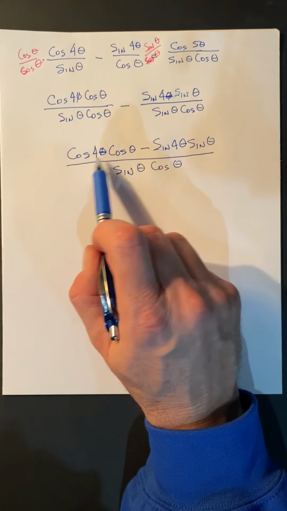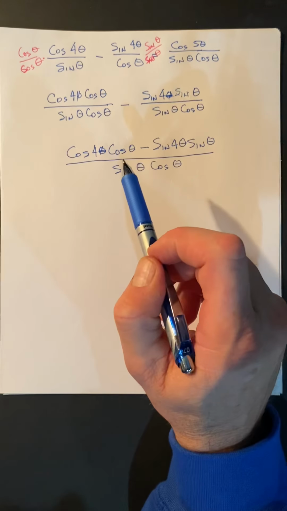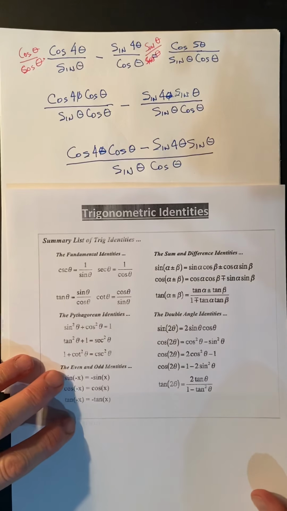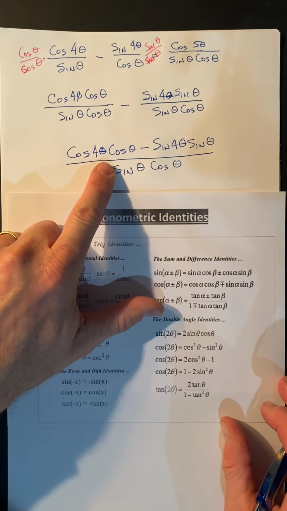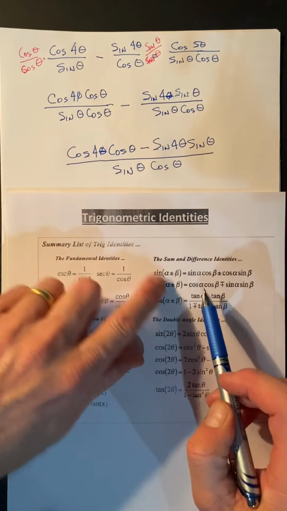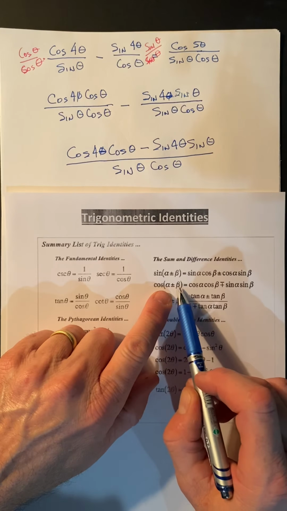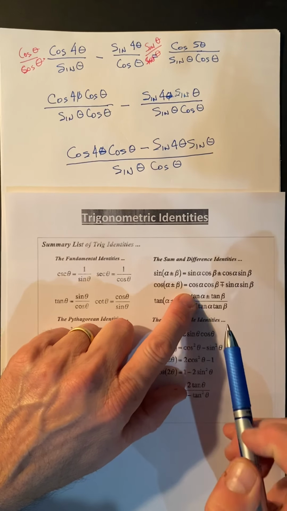I have a pair of cosines subtracting a pair of sines, okay? Now, if I'm doing my work and I've got my formula sheet right next to me, I need a pair of cosines and a pair of sines. Well, look here. Cosine of alpha and beta gives me cosine, cosine, sine, sine, right?